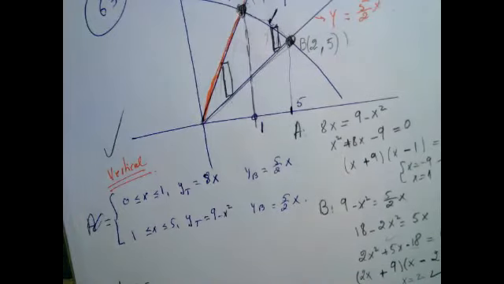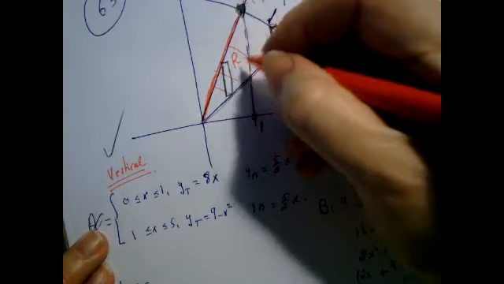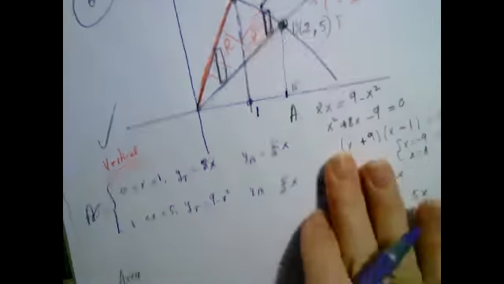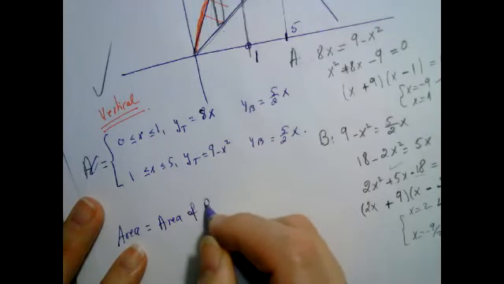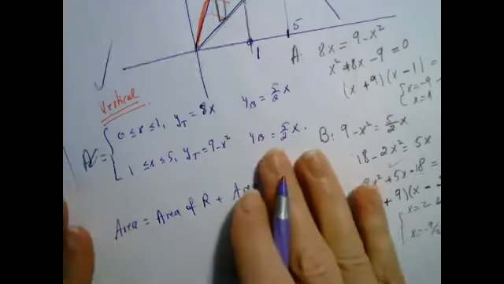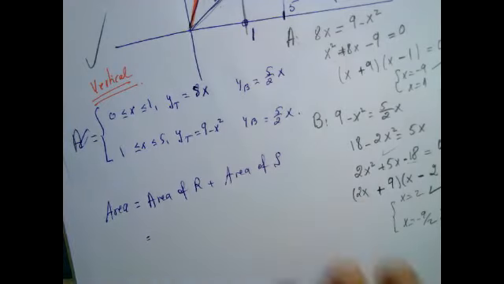So for the area, we're going to split into 2 pieces. I call it R, and I call it S. So the area is area of R plus the area of S. Okay, Kiana? Can you give me the formula for the area of R?